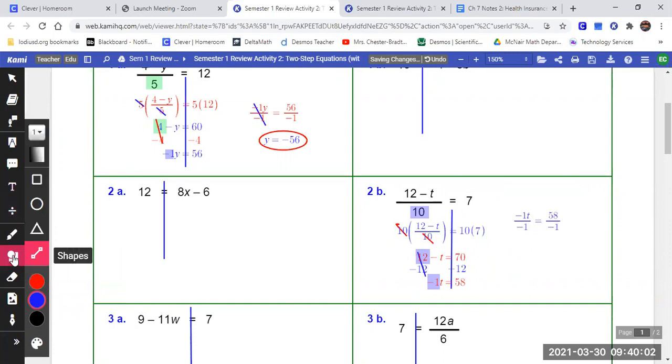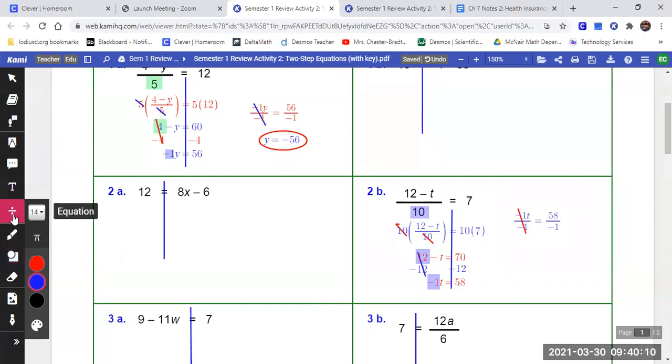That big 1 out, all gone for this negative 1, because negative 1 divided by negative 1 is positive 1. When we multiply times 1, it changes nothing. So t is all that's left.